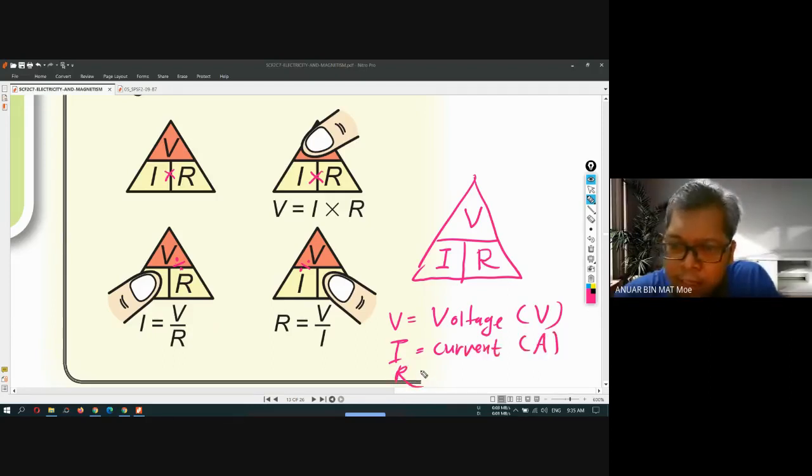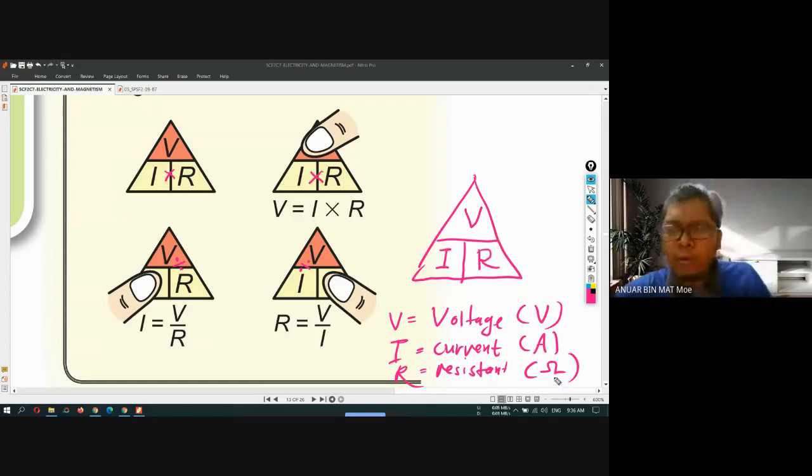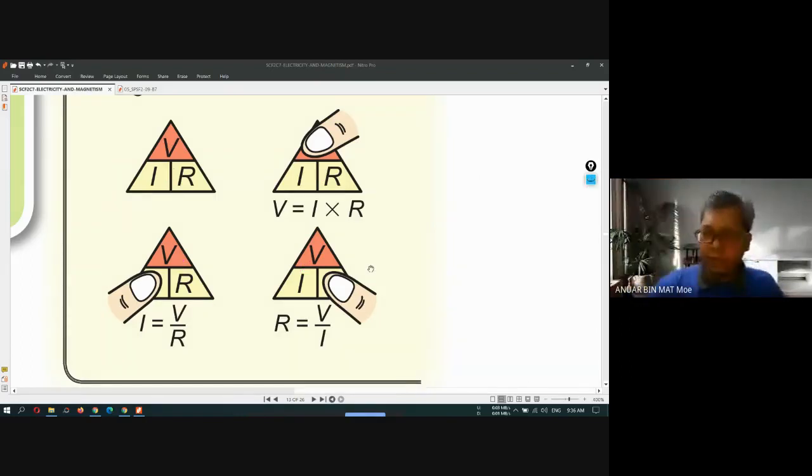And R is resistance, and the unit is omega. The symbol is omega, but you must write and pronounce it as ohm, O-H-M. Never mind, later on we try to do the calculation. You just remember Ohm's law first. Okay.